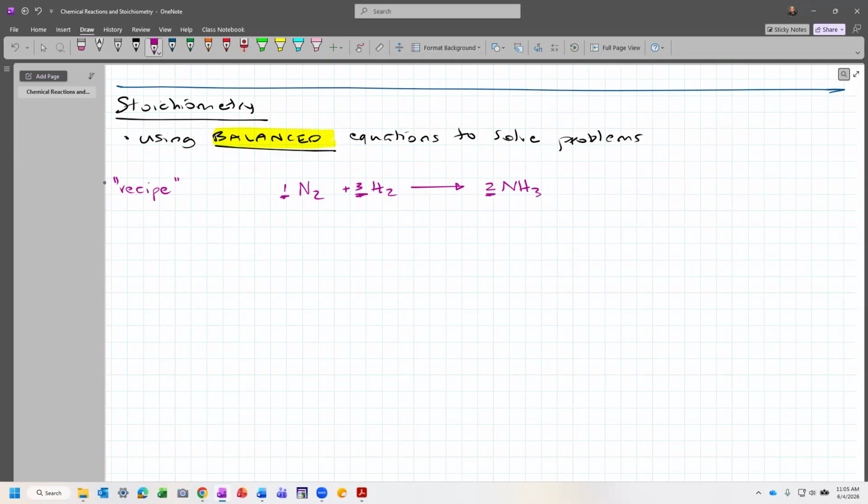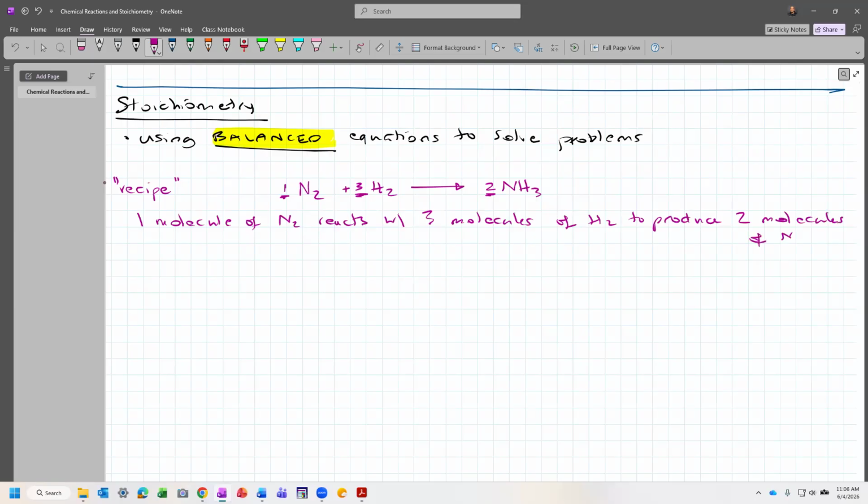So what this says literally is that one molecule of nitrogen gas, N2, reacts with 3 molecules of H2 to produce 2 molecules of NH3, of ammonia, right?